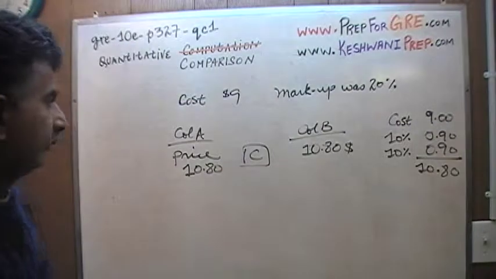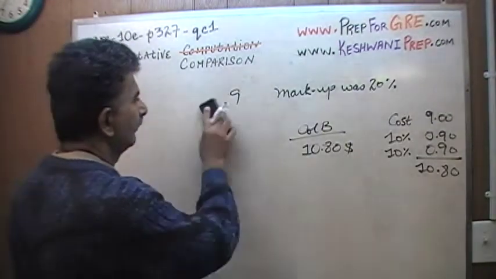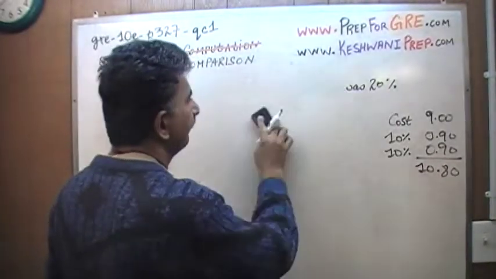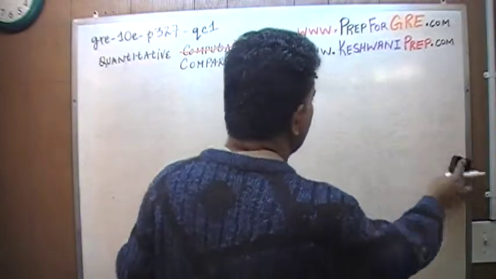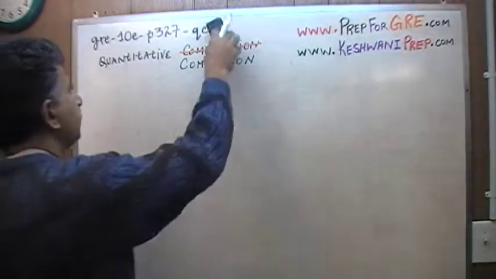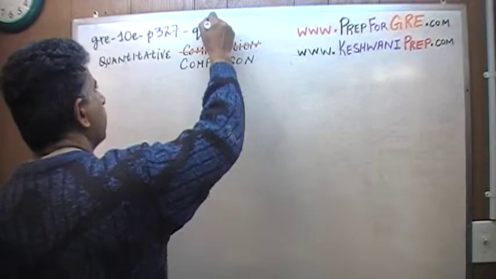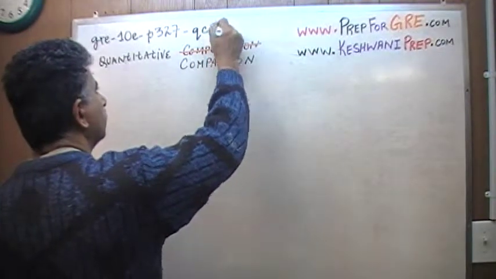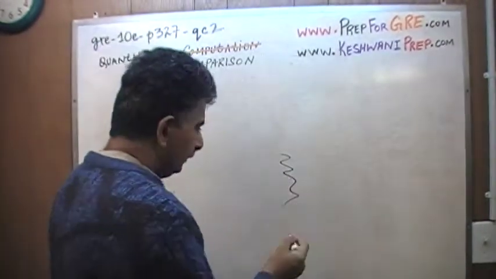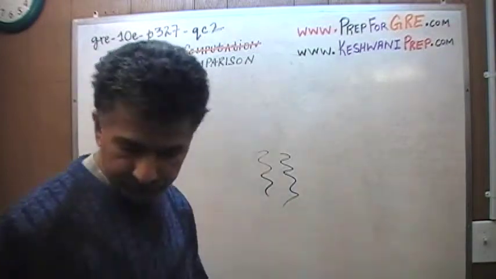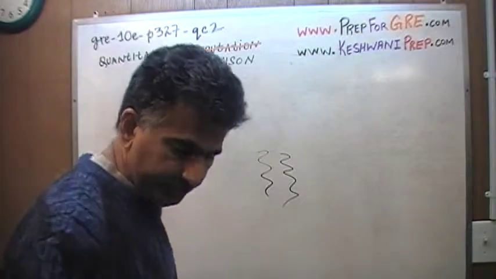Let's take a look at number 2. This marker does not want to come to life. In number 2, they're giving us a quantity in the middle.